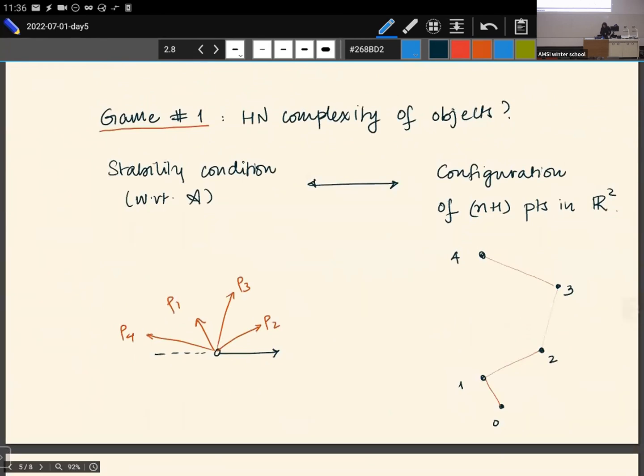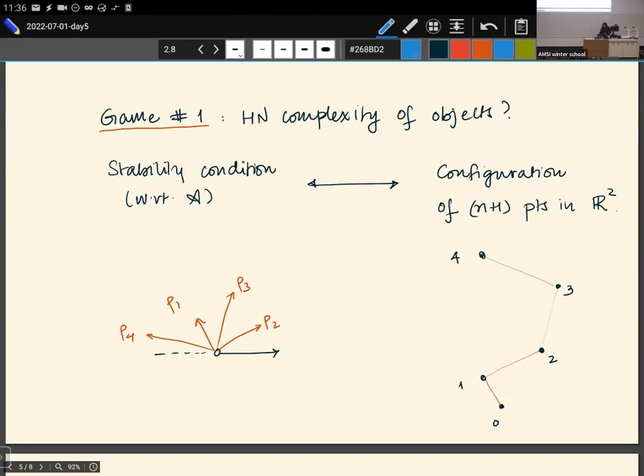So here on the left, I've chosen C4, and here's a stability condition on C4. I'm allowed to put my simple generating objects wherever I like in the upper half plane. They have to satisfy the Harder-Narasimhan property, but that actually comes for free in this category. So I don't have to worry about it. So I've simply placed P1, P2, P3, and P4 wherever I like.